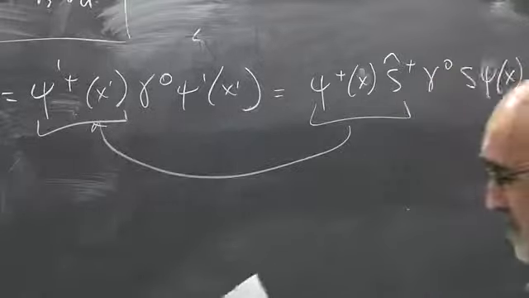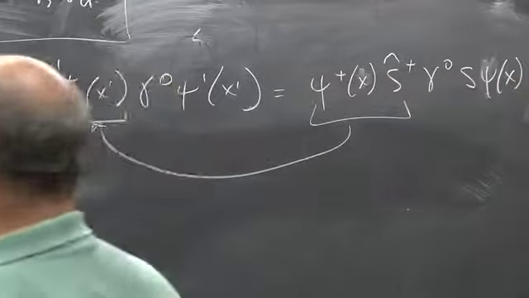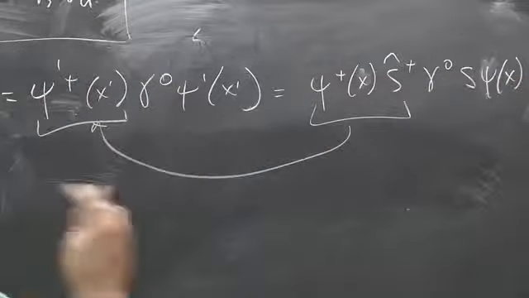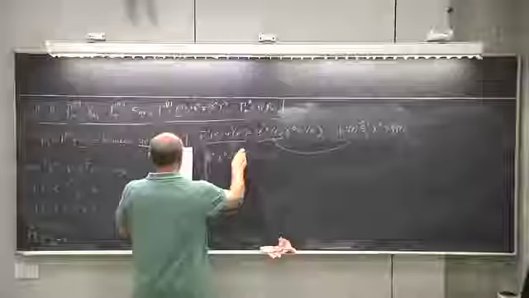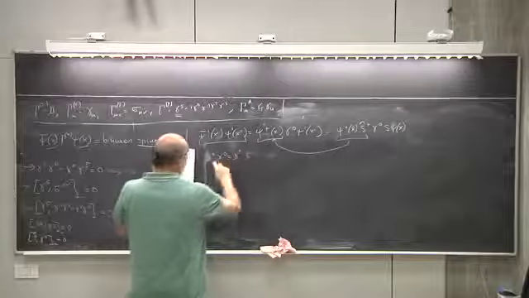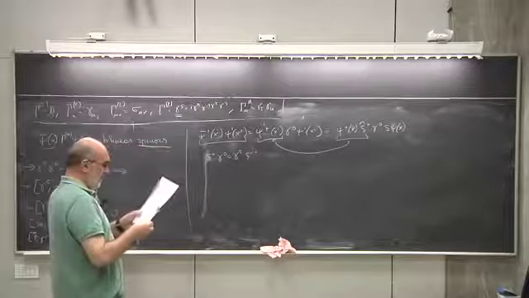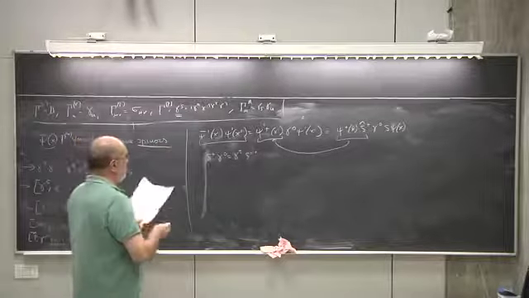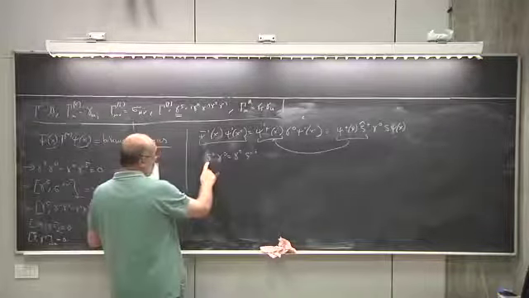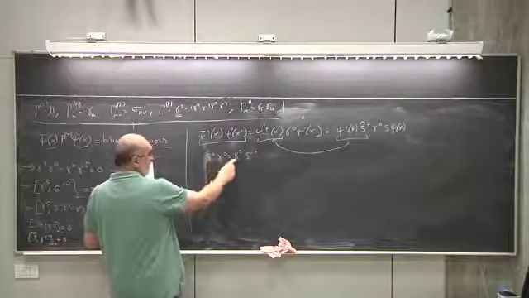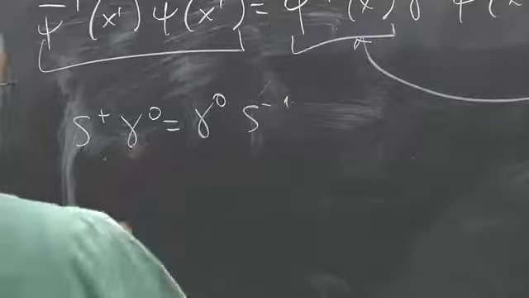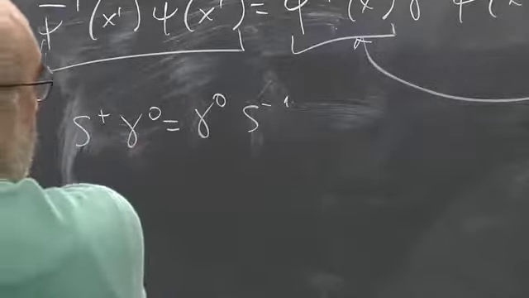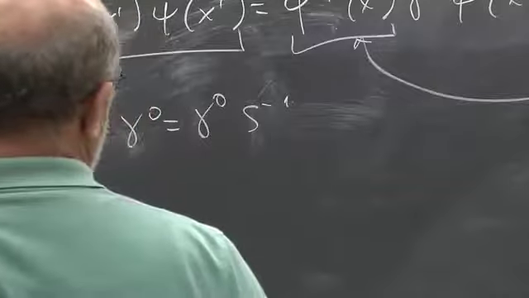Now we proved, I think yesterday or the day before, the following: that S dagger gamma 0 is equal to gamma 0 S to the minus 1. Eventually we will reprove it, if you don't remember: when the S dagger goes across the gamma 0, it becomes the inverse.